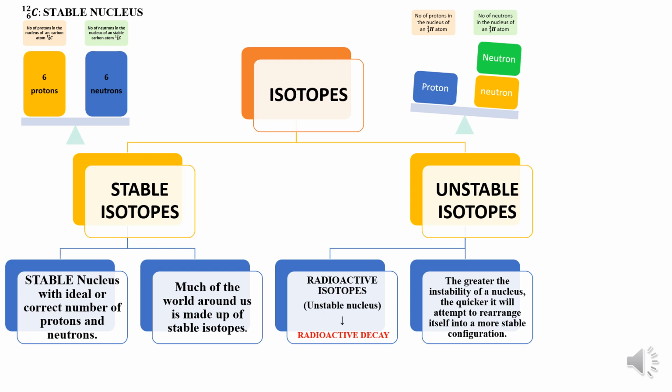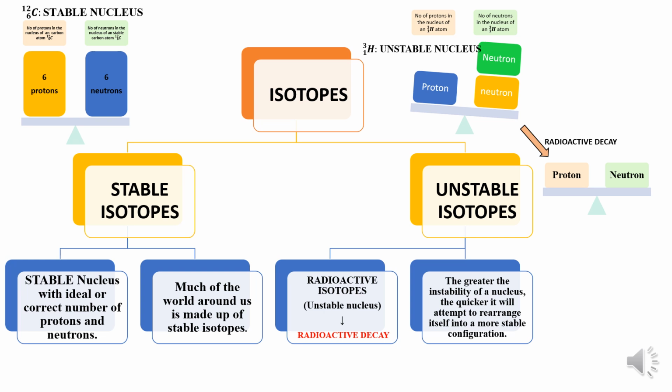For example, in the case of the isotope of hydrogen, that is tritium, the nucleus is unstable because in tritium, an isotope of hydrogen, you find 1 proton and 2 neutrons. So there is an imbalance in the number of protons and neutrons, and therefore it tends to undergo radioactive decay in order to get rid of the additional neutrons.